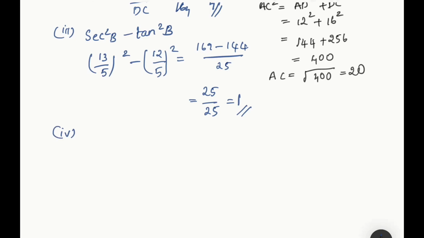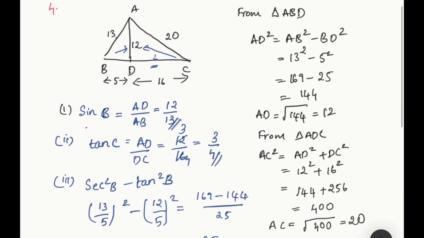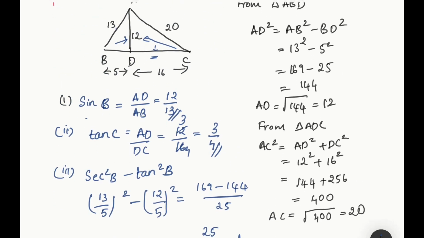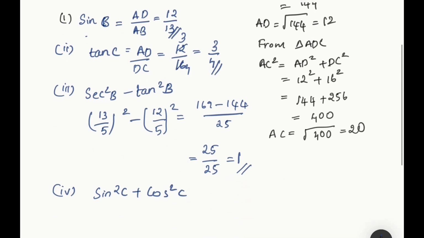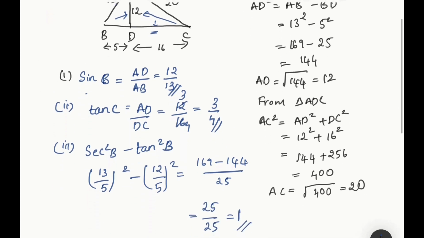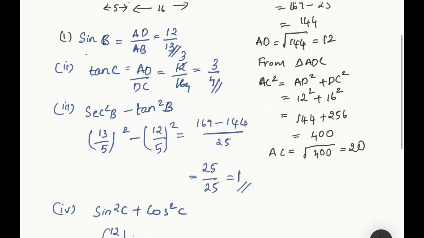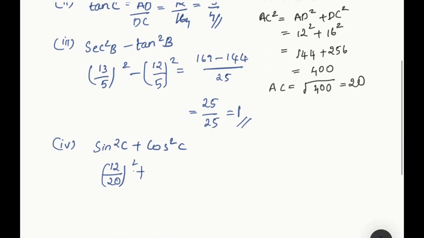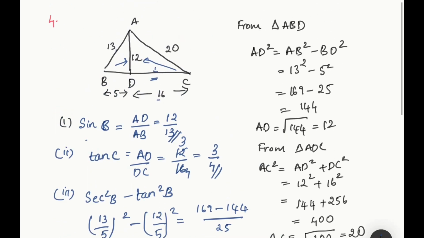Now let us find the value of the fourth sub question, sine square C plus cos square C. In this we will be using the second triangle. Sine square C, again perpendicular by hypotenuse, that is 12 by 20 whole square, and cos square C will be base by hypotenuse. What is the base here?